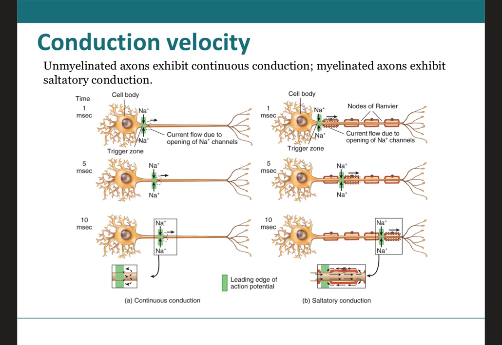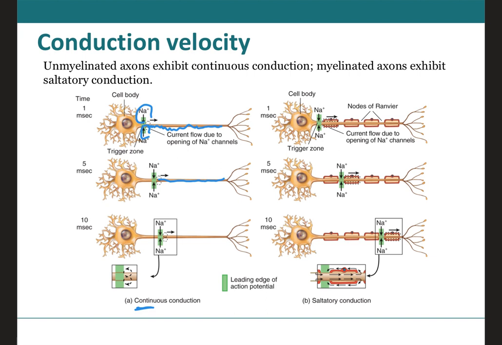In an unmyelinated membrane, like we see over here, we have what we call continuous conduction. For the action potential to travel, the membrane has to depolarize along the whole length of the axon. So there's sodium going into the cell and potassium coming out of the cell, but it has to travel along the whole length of the axon.